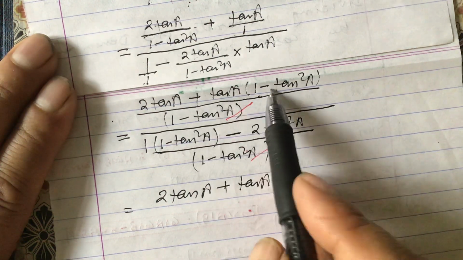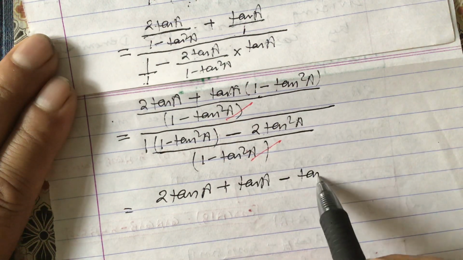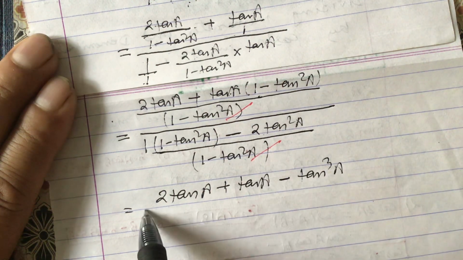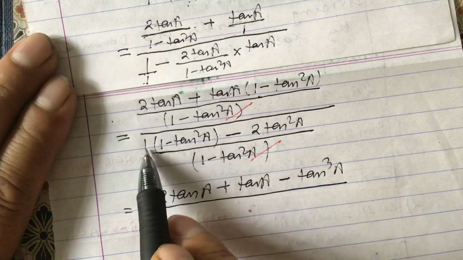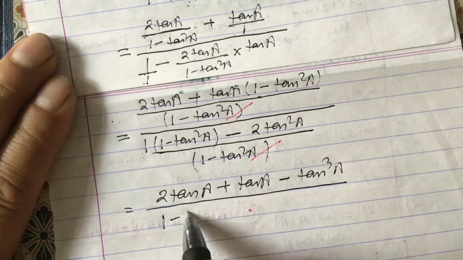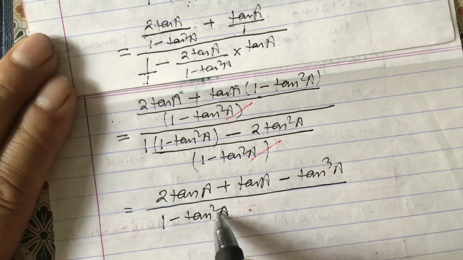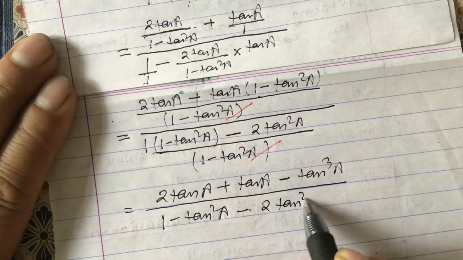And then plus times minus is minus, tan A times tan square A is tan cube A. Whole upon. In the denominator, again, open this bracket. 1, if you multiply by 1, it will be same, no change. 1 minus tan square A minus this 2 tan square A as it is.